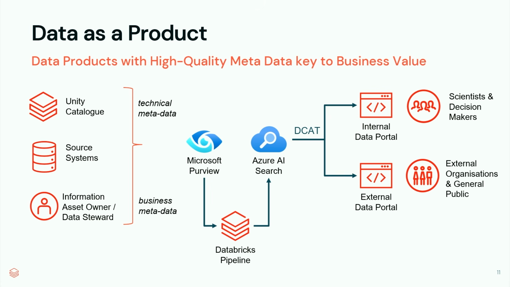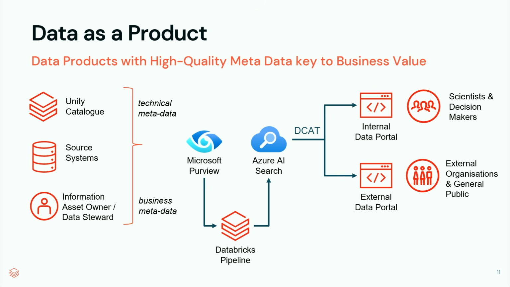We've built a business user-friendly data portal. The way that works essentially is we harvest all of our technical metadata for data assets both from Unity Catalog, but also from other systems within the ecosystem. We then bring all of that data along with the data product descriptions, the business metadata about what the data is, who owns it, what it's for, how you access it.